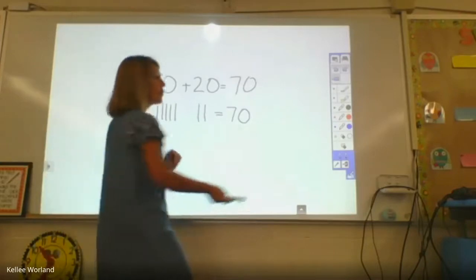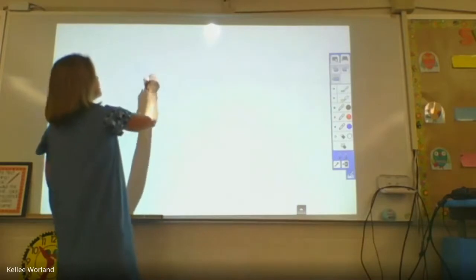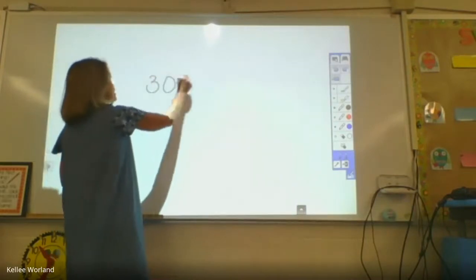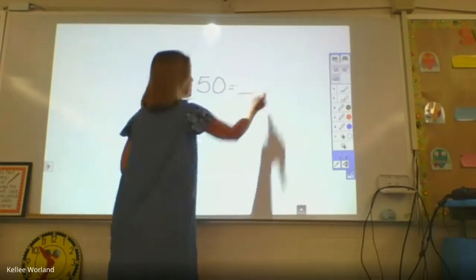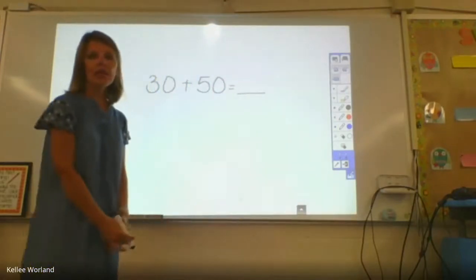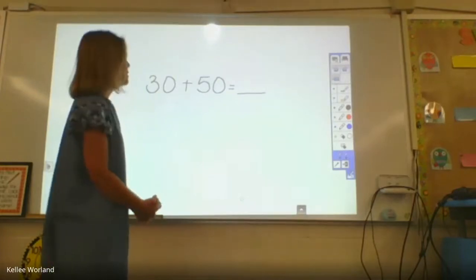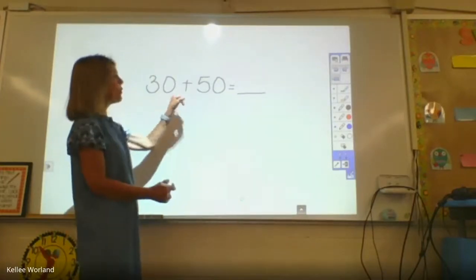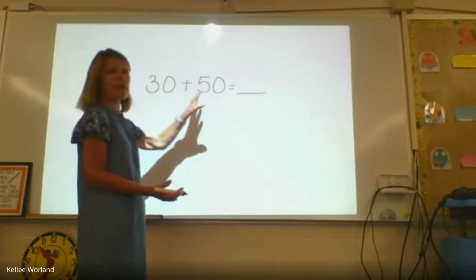Let's try one more before we move on. So let's do 30 plus 50. Put your pause button on, work it, and then we'll check it together. Okay, let's get started. So 30 or 50? I'm going to start with 50 because 50 is bigger and it doesn't matter.